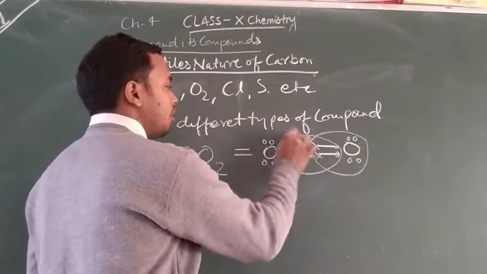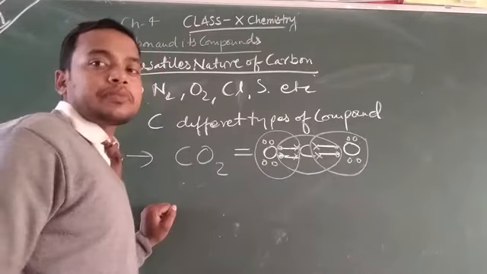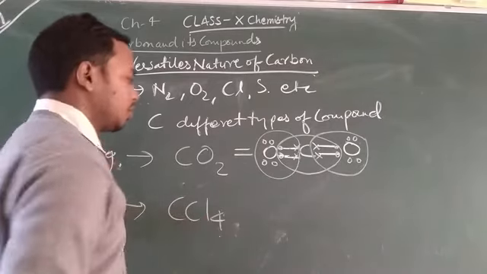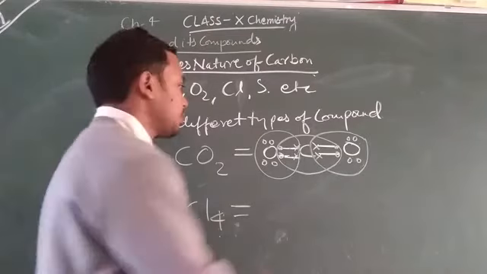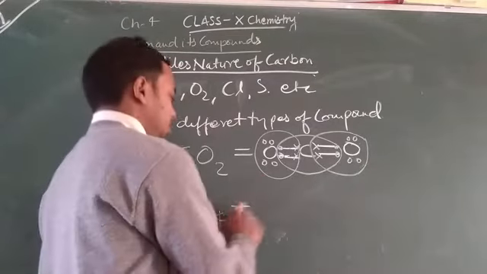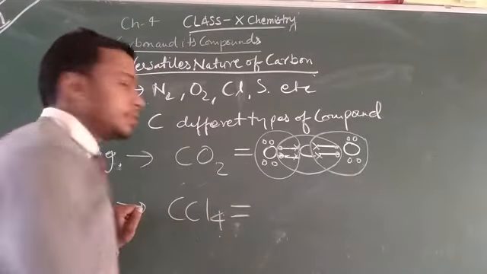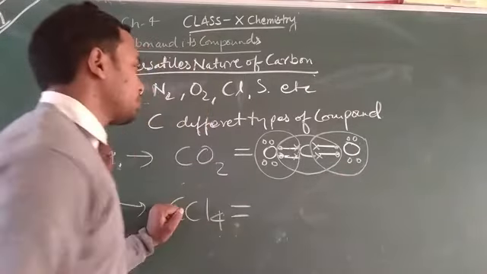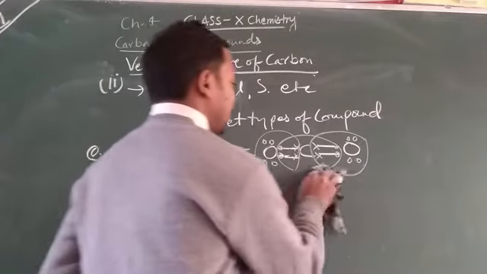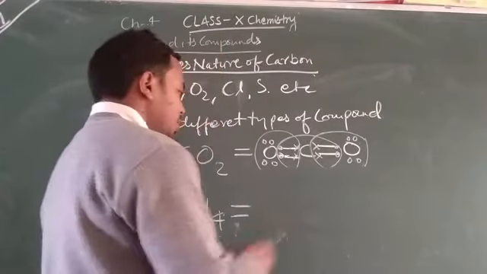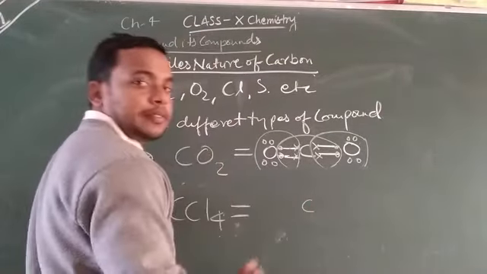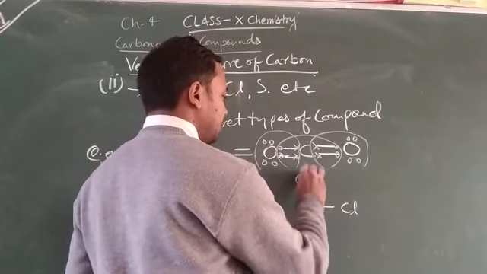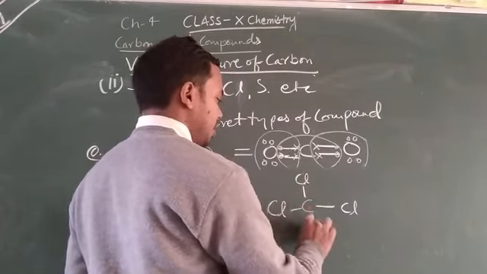If you see the formula of CCl4, carbon tetrachloride, there is a central carbon with a chlorine here, here, here and here.